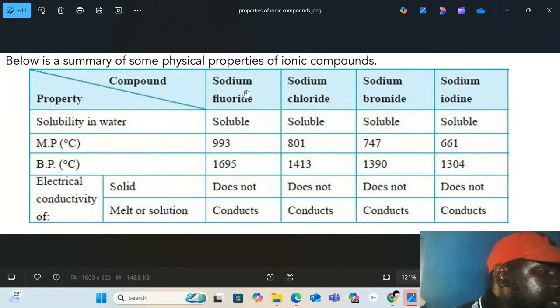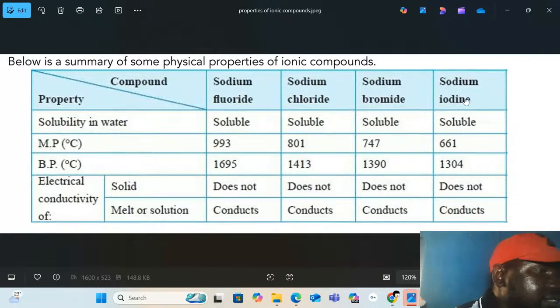We have sodium fluoride, sodium chloride, sodium bromide, and sodium iodide. This one is supposed to be sodium iodide, so in case somebody follows up and writes down the notes, you shall write iodide. We have the common metal, which is sodium, and the group 7 members.